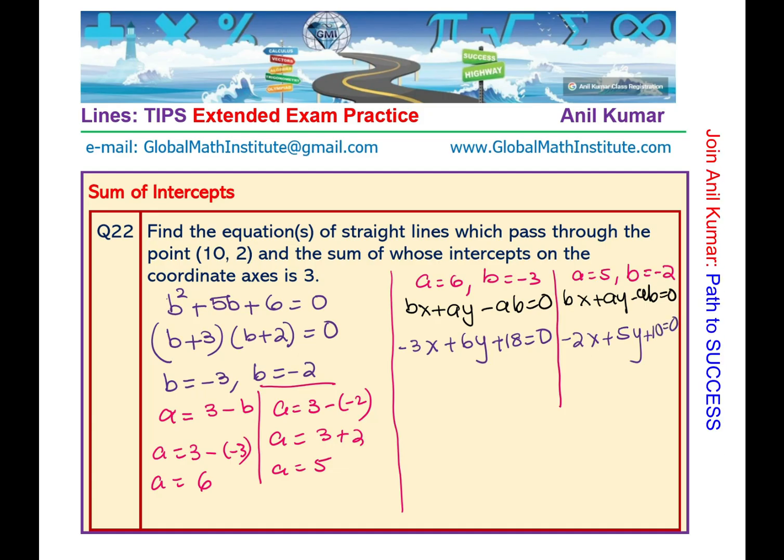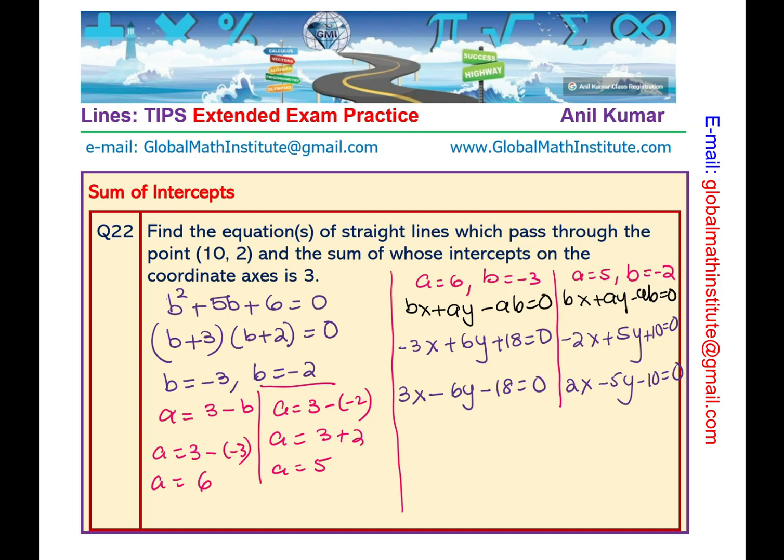A better way could be changing the signs. So we have 3x minus 6y minus 18 equals 0, and 2x minus 5y minus 10 equals 0. So these two will be the equations of the lines which meet the condition.